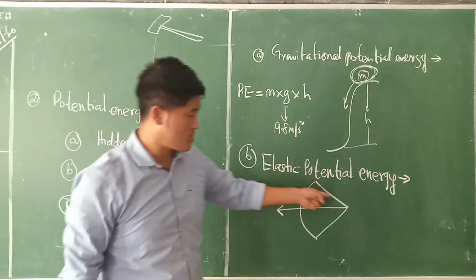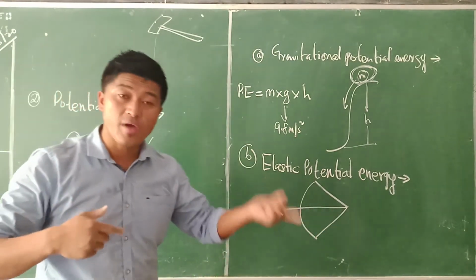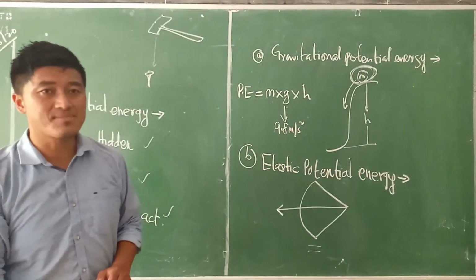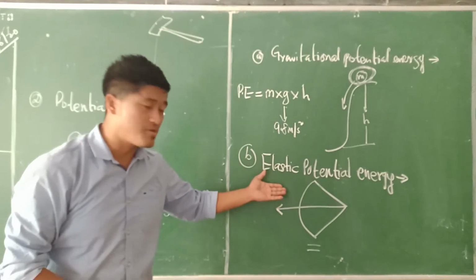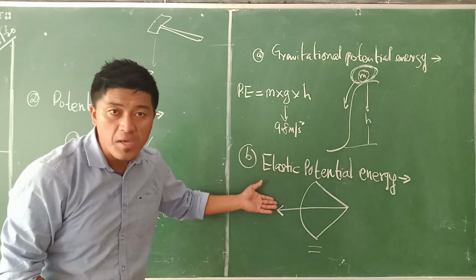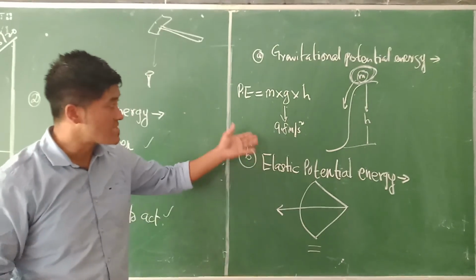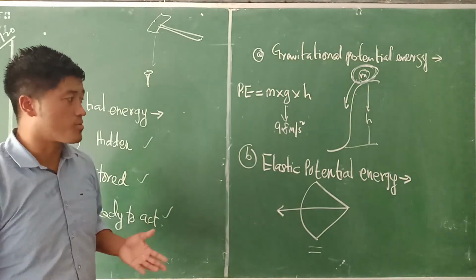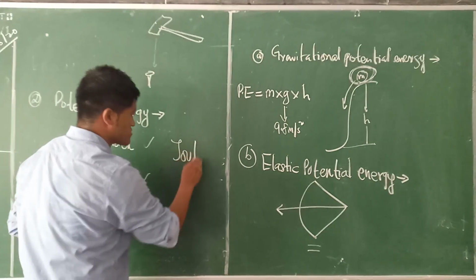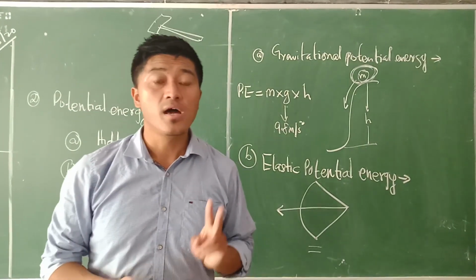Is it stored? The energy is stored in that? Yes. The moment we are going to release that, is it ready to act? Yes. So this is a very good example of elastic potential energy. In that, how we define are the potential energy which are present in a body due to its shape, due to its position, due to its shape. This is how we define elastic potential energy and gravitational potential energy. And again, we use the unit joule in the case of potential energy. So this is about the potential energy and the kinetic energy.